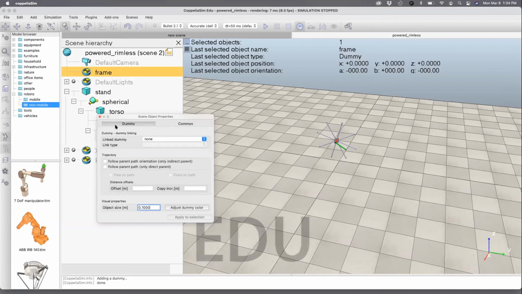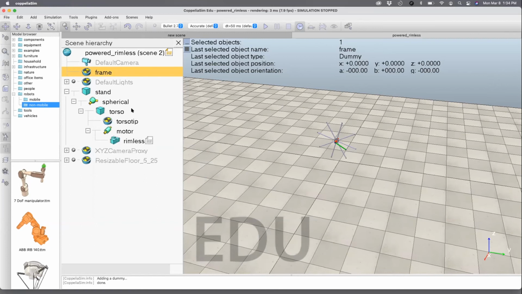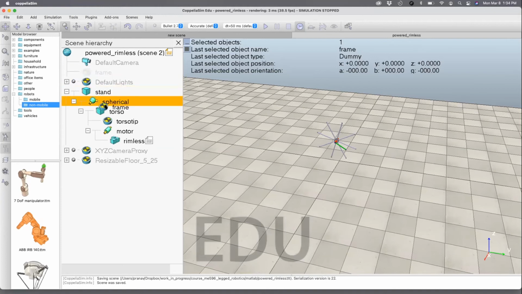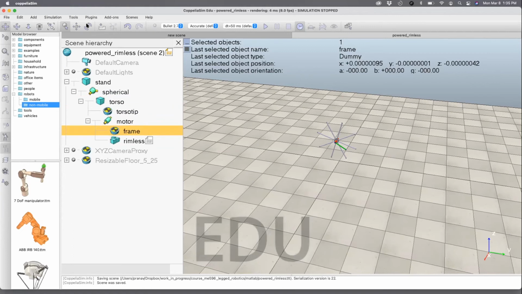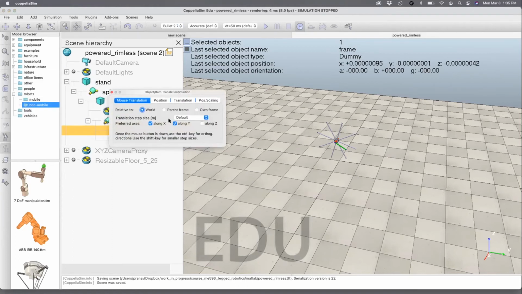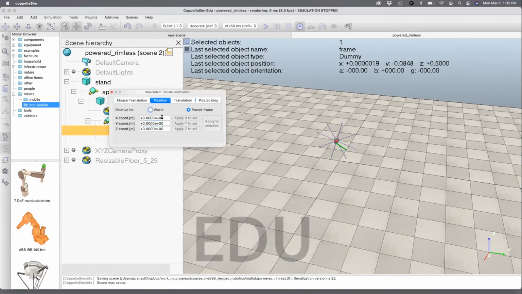You don't see it because it's not in the view, but if you want to see it, the easiest thing I recommend is putting it as the child of, let's say, a motor, and then going to displacement and saying that you want it to be the same as the parent frame, because now it's going to be the same point as the torso.